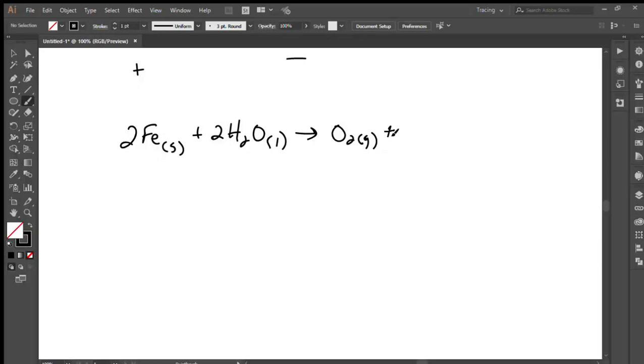And this is not rust yet. Iron hydroxide, solid. So this iron hydroxide further reacts with oxygen, and that's where we get our rust, which is Fe2O3. So it's kind of a dual reaction. This is kind of an intermediary reaction, but this is corrosion.